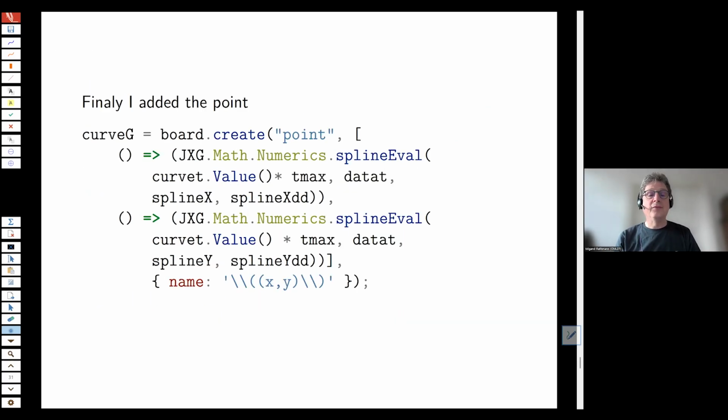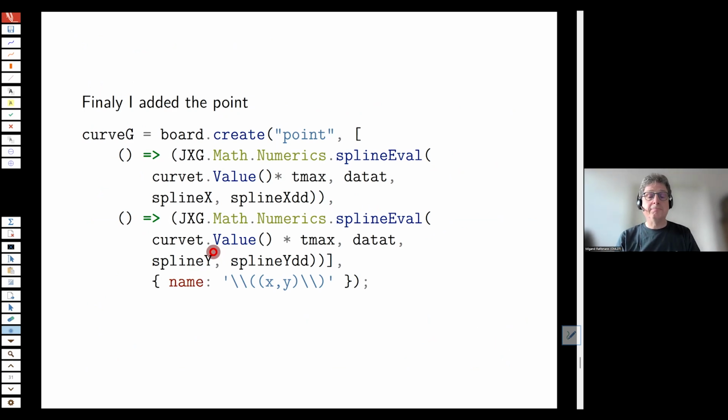And at the end, I can create the point with two arrow functions. For the x coordinate, I will evaluate a spline with respect to x. And for the y coordinate, I will evaluate a spline with respect to y.